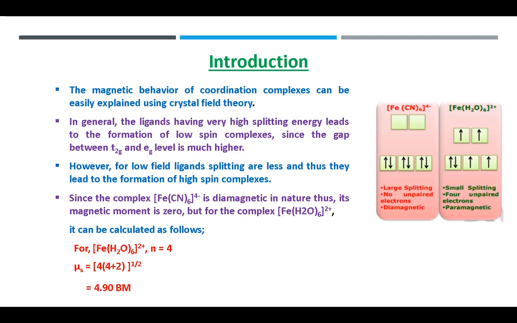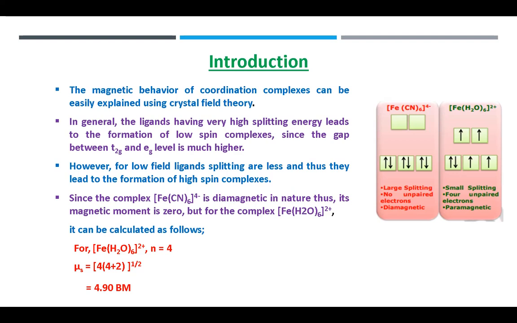Consider the hexacyano-iron 2 plus complex and the hexa-aqua-iron 2 plus complex. In both cases, Fe is in the plus 2 oxidation state and has octahedral geometry, but the complex with cyanide as ligand forms a low-spin diamagnetic complex, where all the electrons are paired up, whereas the complex with H2O as a ligand forms a high-spin complex.